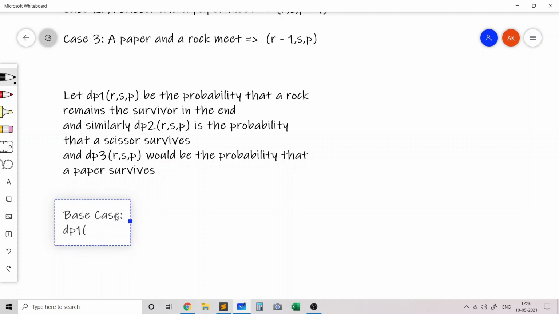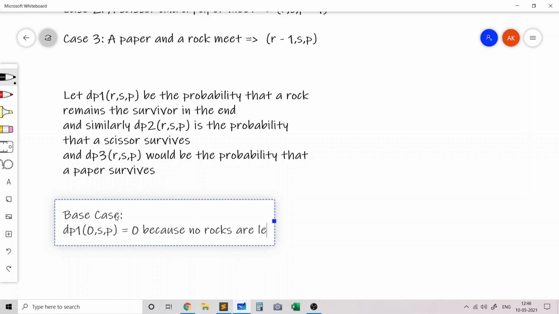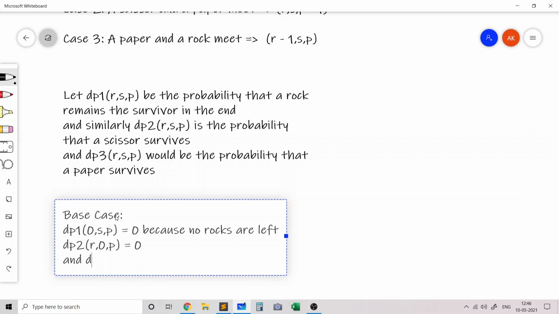In the base case, DP1 of 0, S and P would be 0 because no rocks are left. Similarly, DP2 of R, 0 and P is 0, and DP3 of R, S and 0 is 0. So that's the first part of our base case.